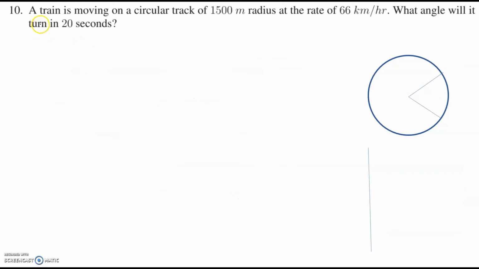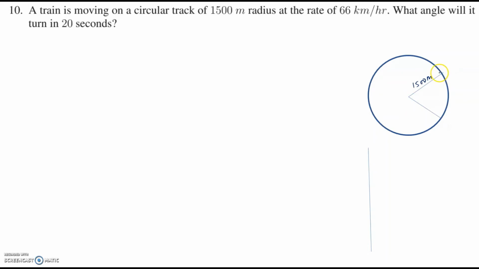Question number 10. A train is moving on a circular track of 1,500 meter radius at the rate of 66 kilometers per hour. What angle will it turn in 20 seconds? So you have the radius of the circle or the circular path that the train is taking as 1,500 meters.